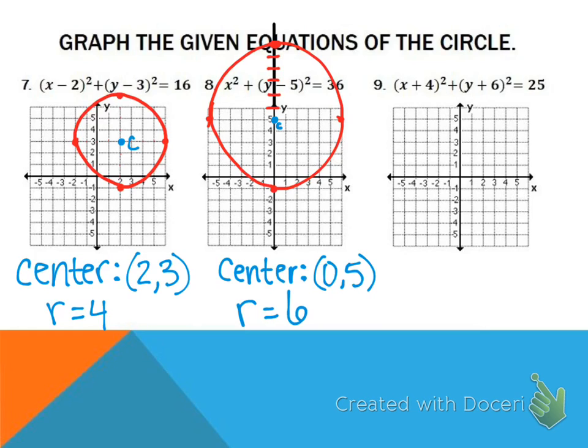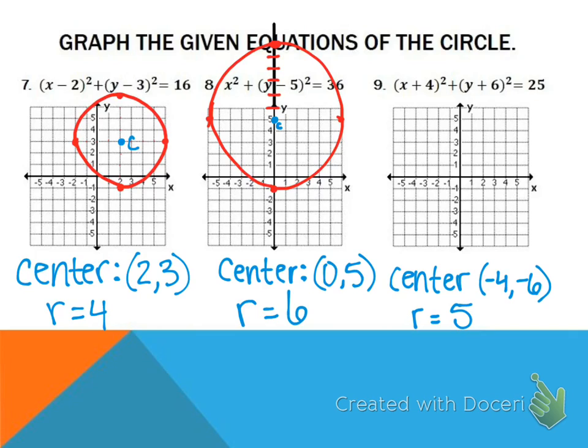All right, we've got one more we need to graph. Where is this center going to be? -4, -6. Very good. Remember, the signs switch from what's there. So our center's at -4, -6, with a radius of 5.